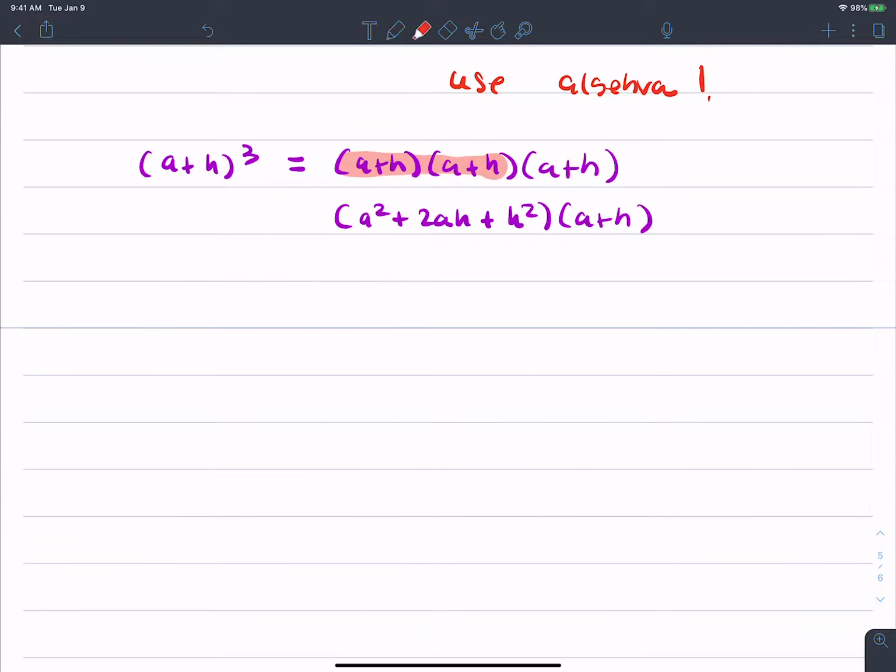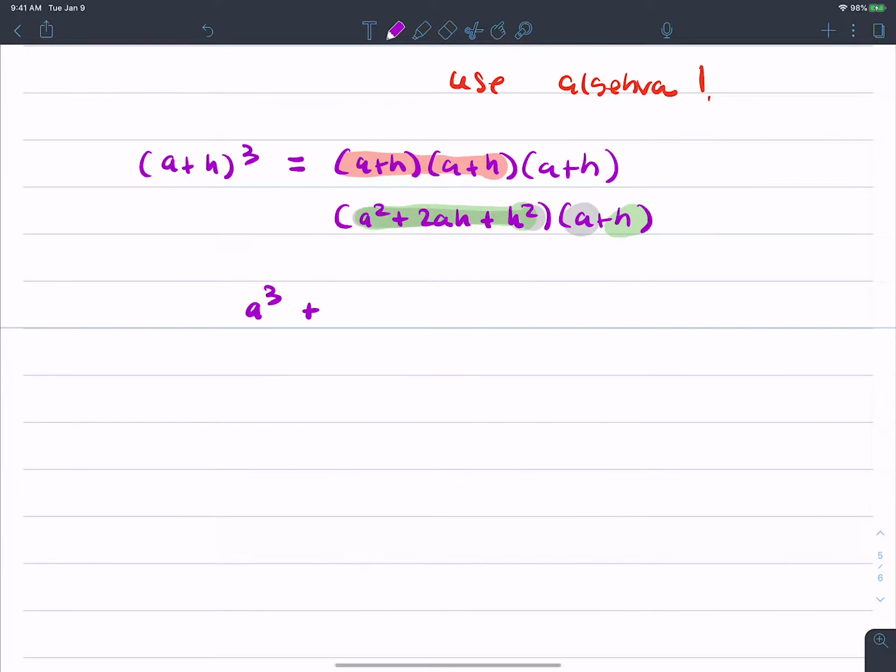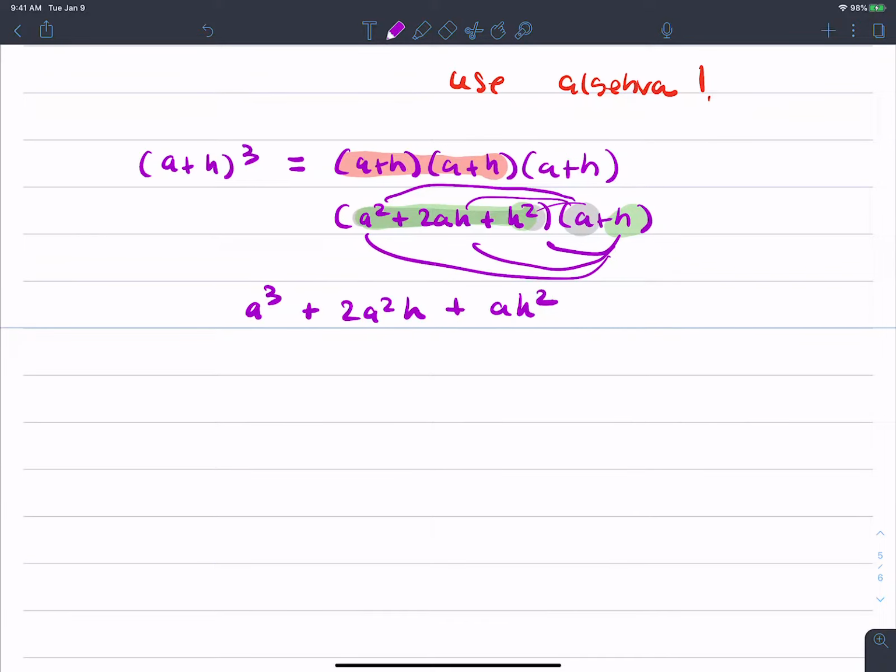If you recall, how we do this is we take this a and we multiply with all the terms, and we take this h and multiply with all the terms. But we're going to do this vertically so that we can add. A times a squared, we get a cubed, plus 2a squared h, plus a h squared. Now I'm going to do the same with the h with all the terms, but I'm going to place them below the terms that I already wrote down.